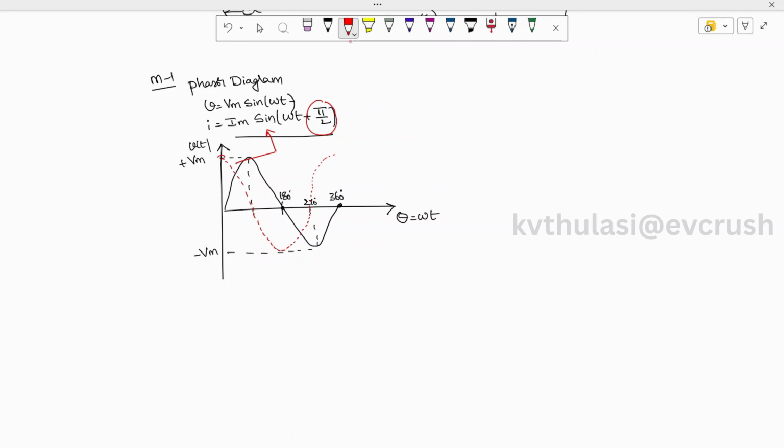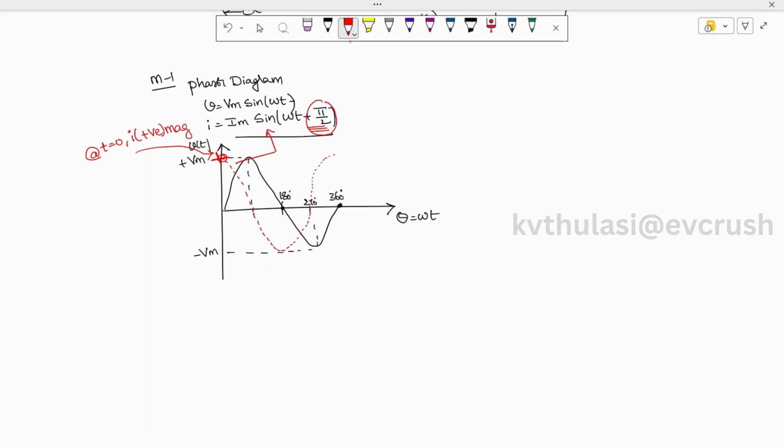At t equal to 0, meaning theta equal to 0, the current has a positive magnitude. Since it has a positive magnitude, the angle is also positive here. Therefore this is the diagram.